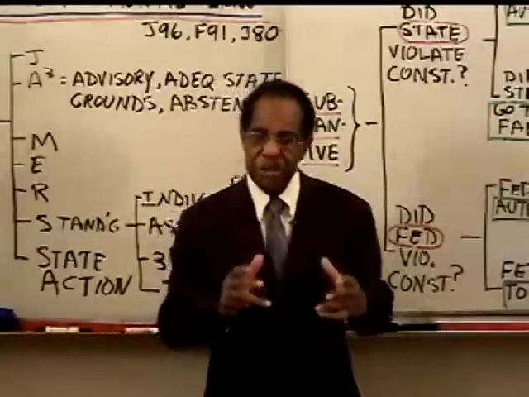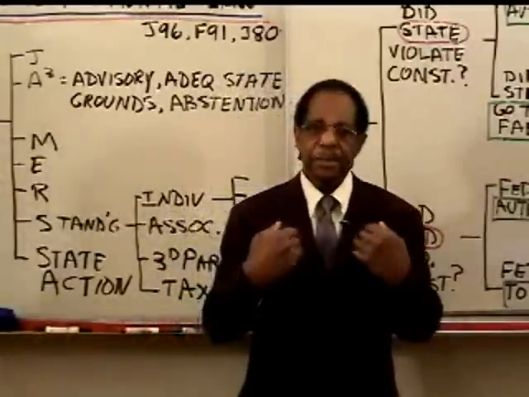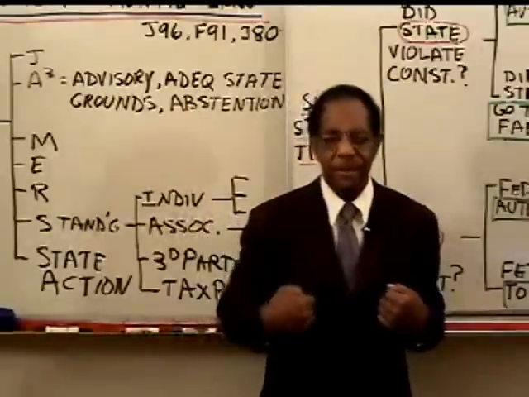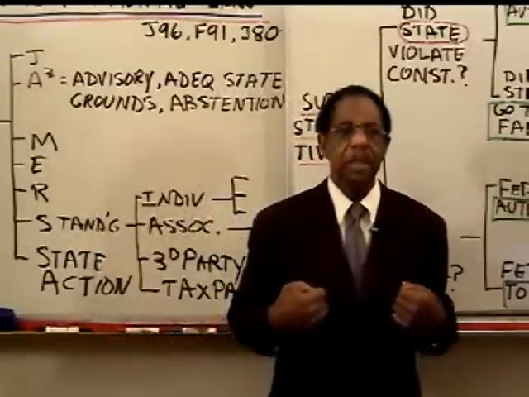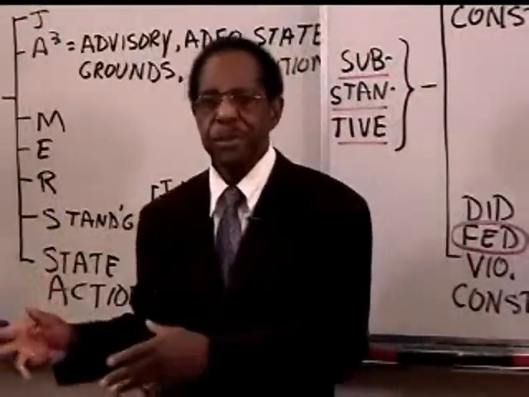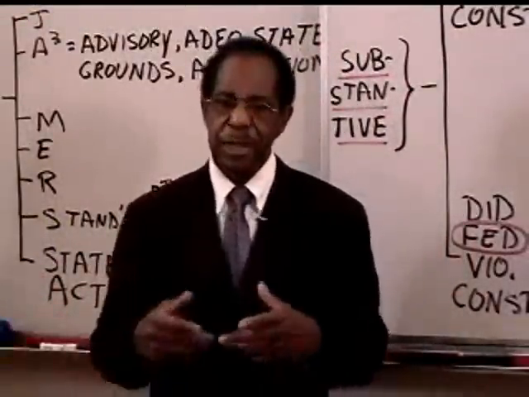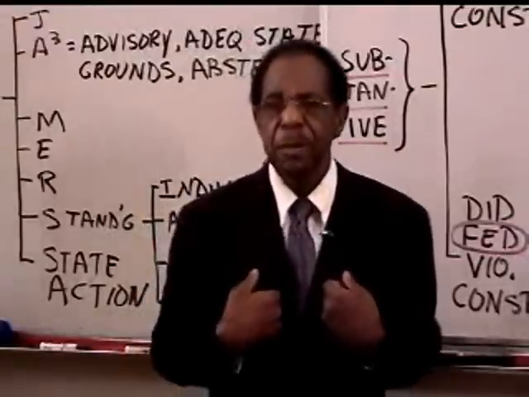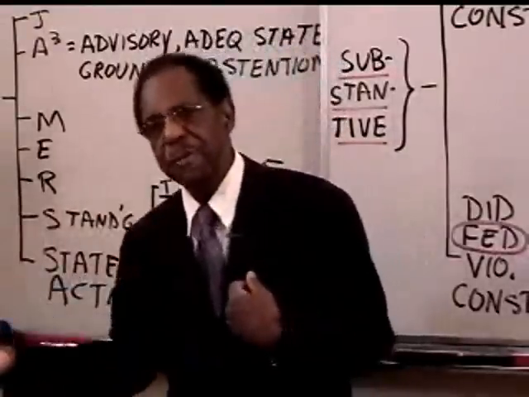So the question becomes, are you going to let one person, the NAACP, an organization in this case, assert the constitutional rights of another, saying, I don't have to do what the government wants me to do because it would violate the rights of some third party.